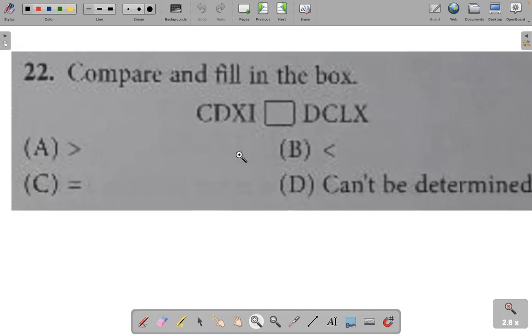Is the question clear to you? Can you see it clearly, or should I write this down? Yes, sir, I can see it. Okay, CDXI and DCLX. You have to compare them and fill in the box, which is greater.